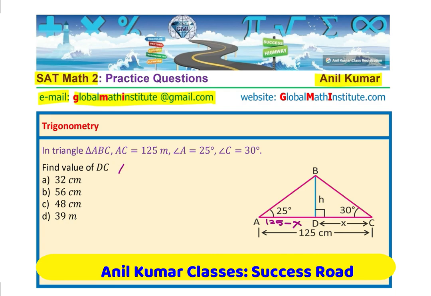So in triangle BAD, what is tan of 25? Tan of 25 is opposite over adjacent, which is H over 125 minus X.